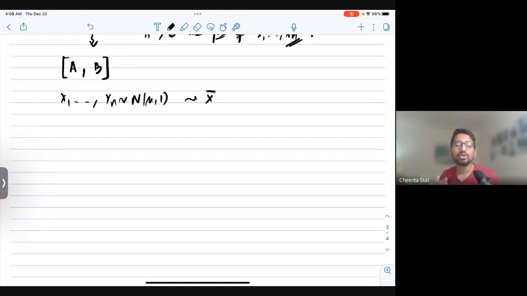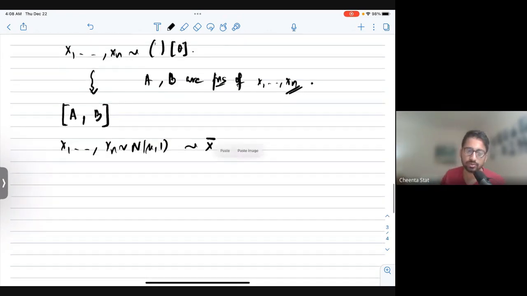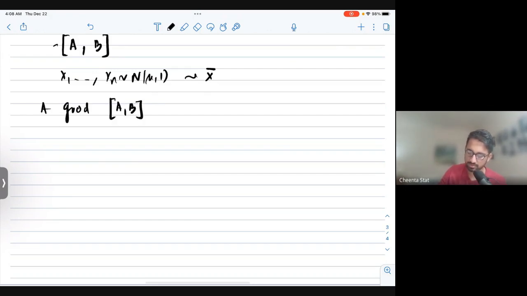So we want to get a good region for the parameter theta. That's the whole problem. The goal is to find an a comma b estimate, a good region or interval for theta. But this is the catch.